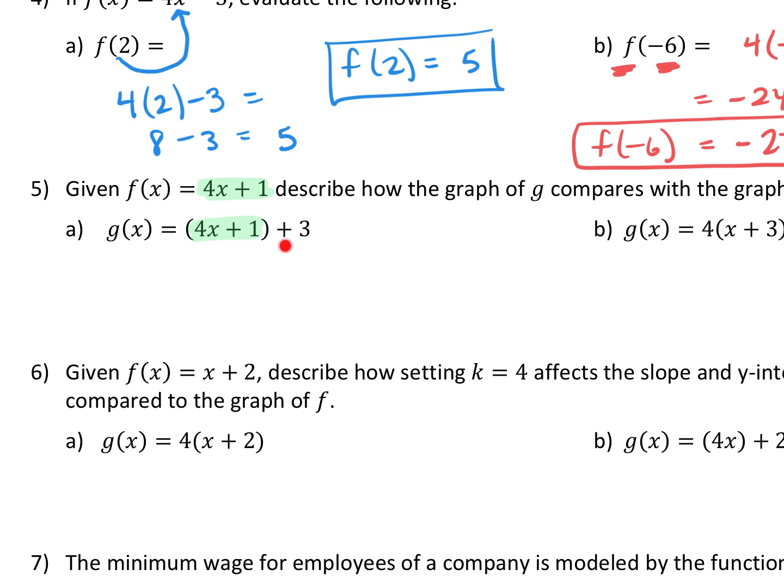If you're making a change to the entire function, so here's the entire function, and we're making a change to the whole thing, that's going to be a vertical change.